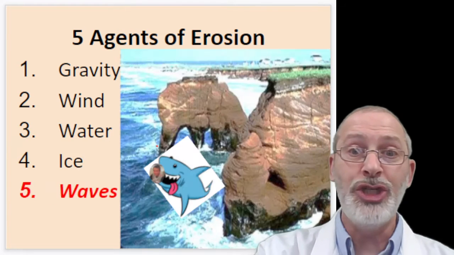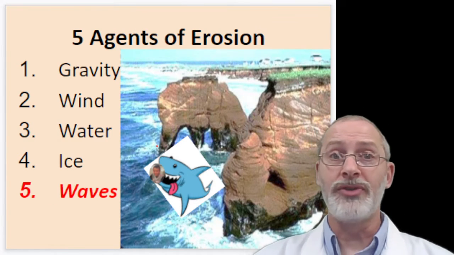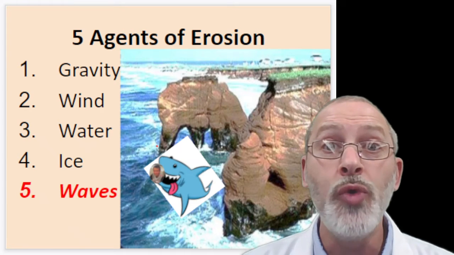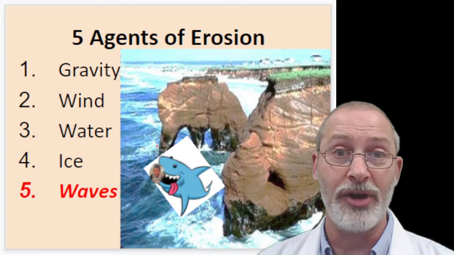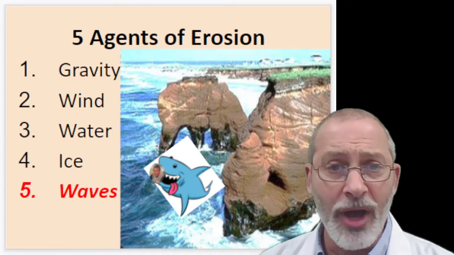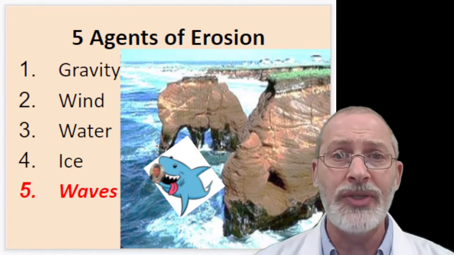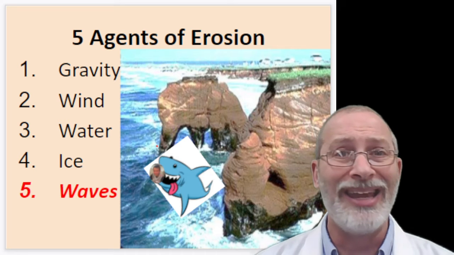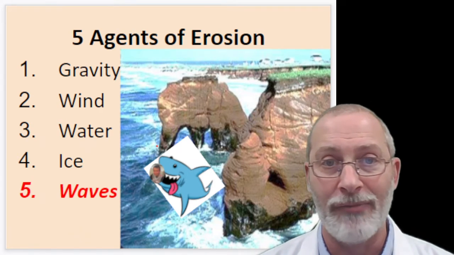The 5th agent of erosion is waves. Three quarters of the earth is covered in oceans. Only a quarter of the earth is covered in land. So waves are constantly crashing against the surface of our land shorelines every moment of every day of every year.